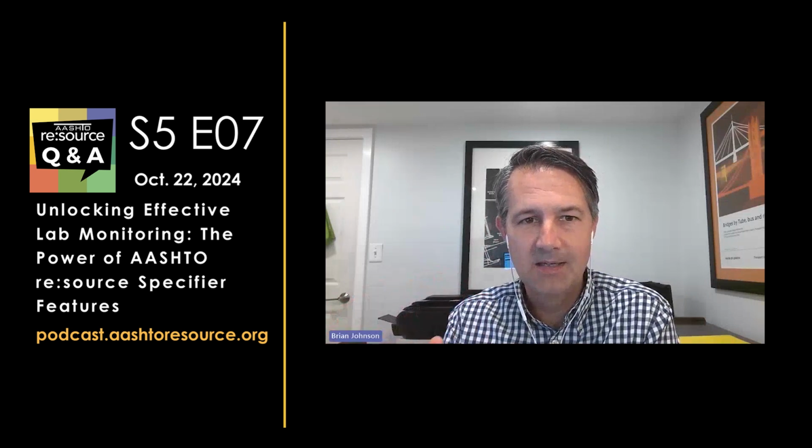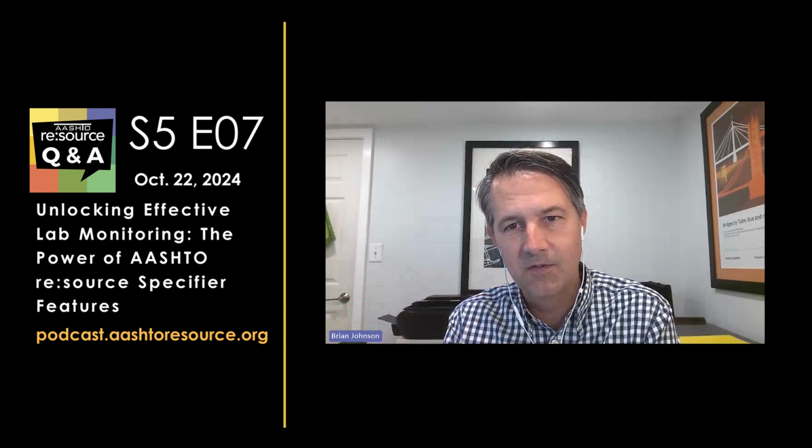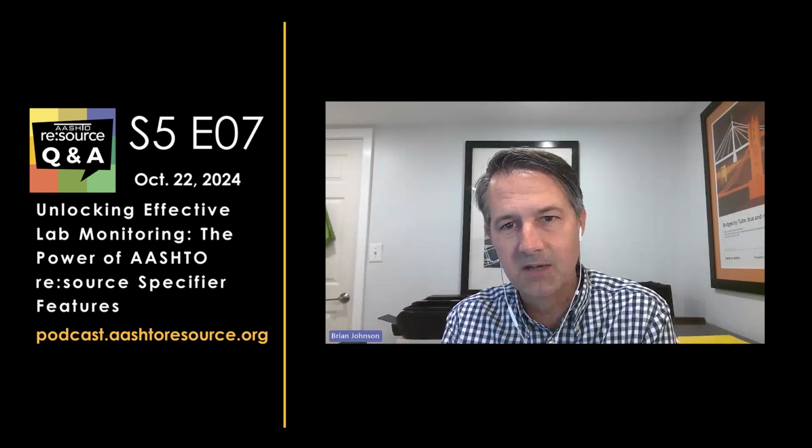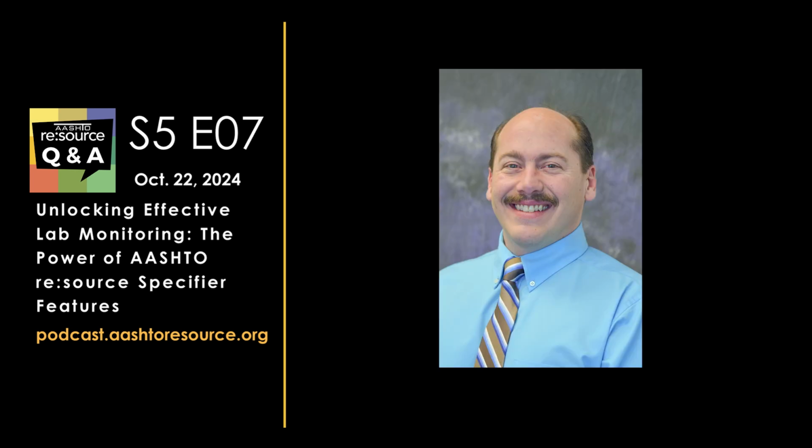So can you tell us some of the things that have been added to the specifier feature over the last few years to make it even more worthwhile for people? Yeah, Brian. We've kind of continually been trying to add more features that will help the specifiers and the users of this tool better manage those labs. One of them is we now have a mapping feature.